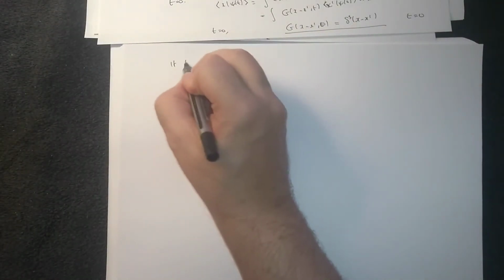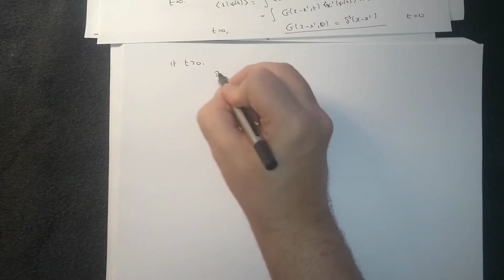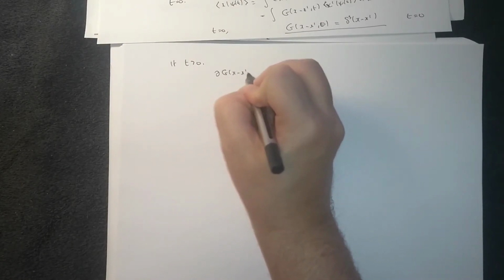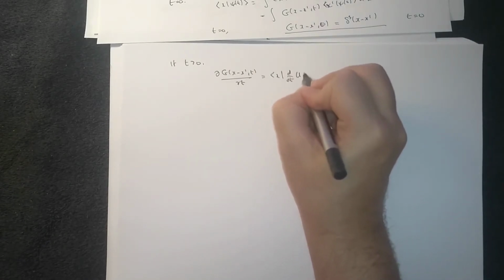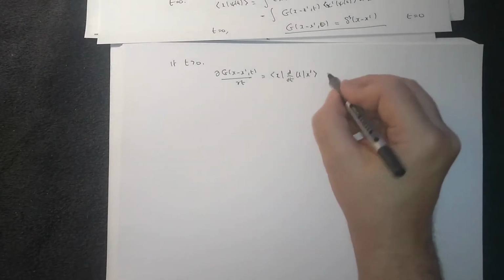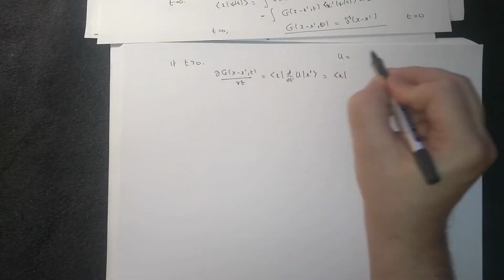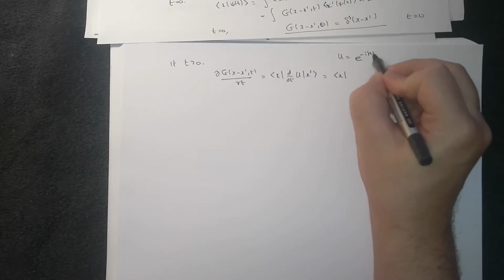If t is greater than 0, the partial derivative of g of x minus x prime, t with respect to t is x with the time derivative of U acting on that. We're just taking the time derivative inside the inner product. Remember, x and x prime are position eigenstates and don't depend on time. U was e to the minus iHt over h bar.